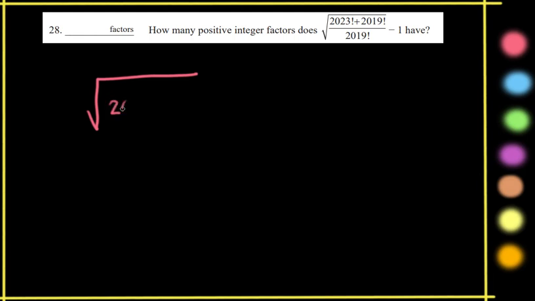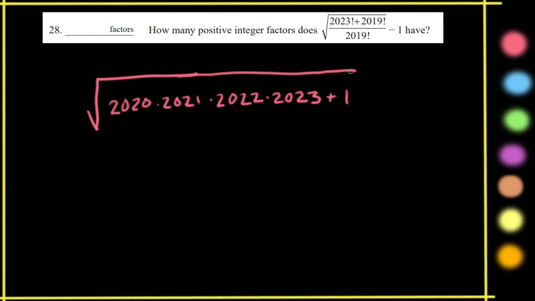We have now 2020 times 2021 times 2022 times 2023. That's the 2023 factorial divided by 2019 factorial. But then we also have to add 2019 factorial divided by 2019 factorial, which is just 1. So we have the square root of all that thing, and then minus 1. And they want to know how many factors that has.